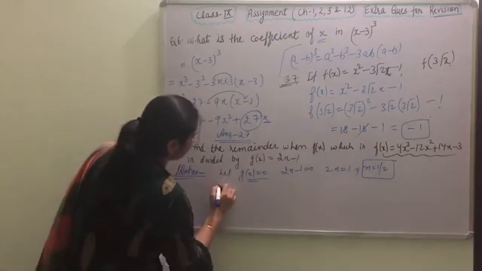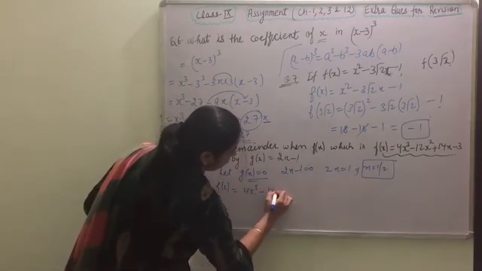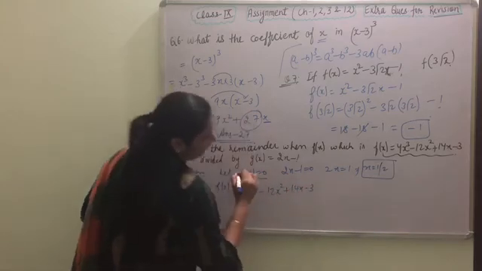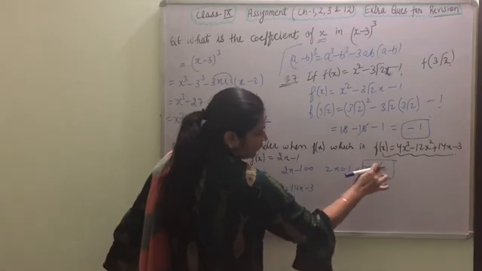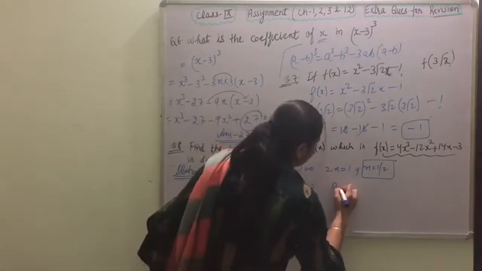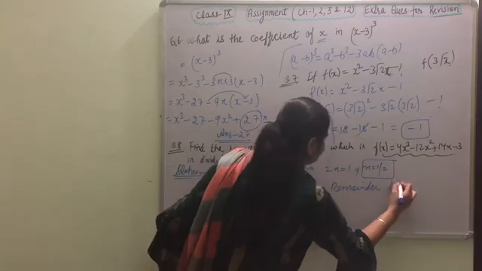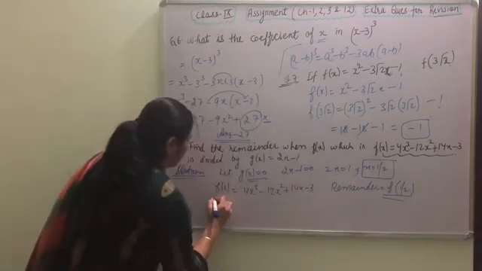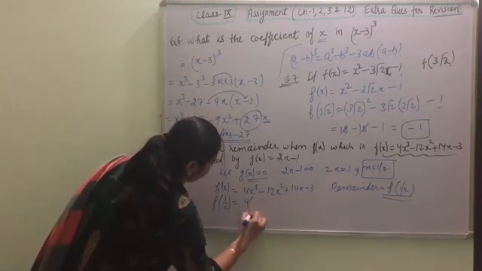So the given polynomial is f(x) is equal to 4x cube minus 12x square plus 14x minus 3. We substitute x is equal to 1 by 2. The remainder in this case becomes f of 1 by 2.